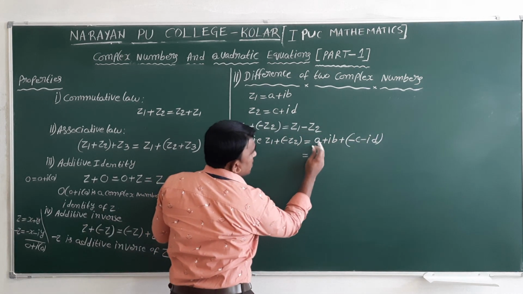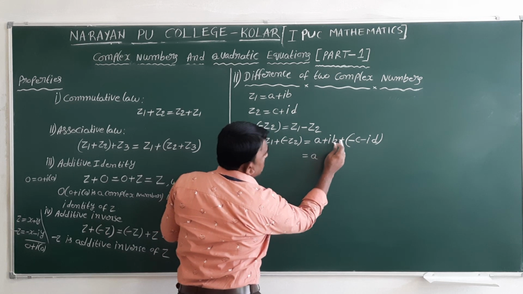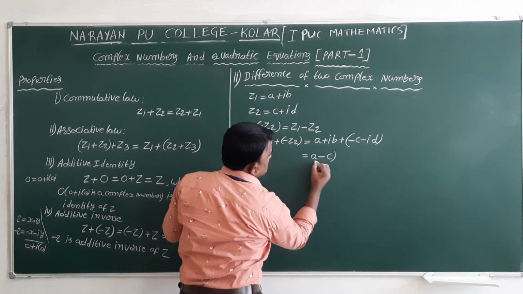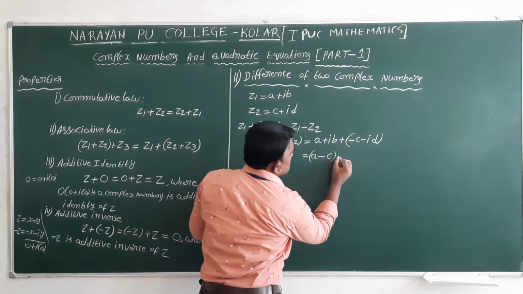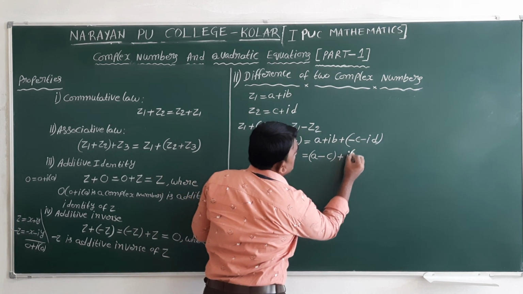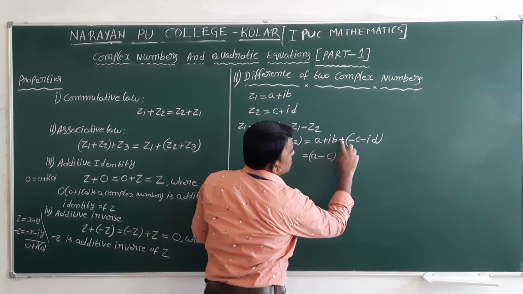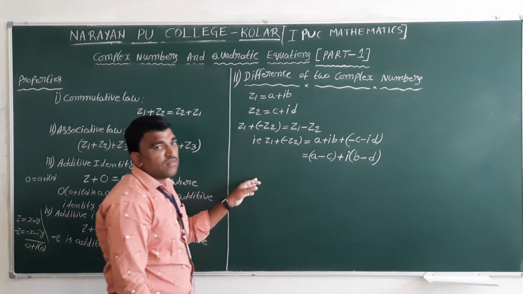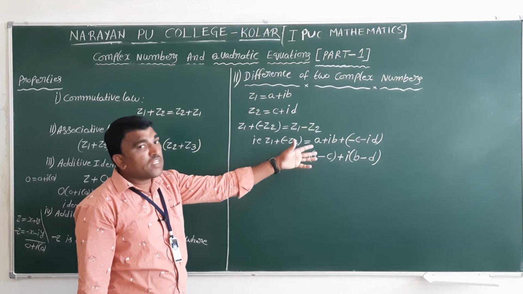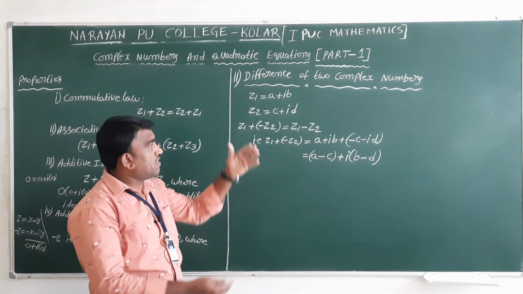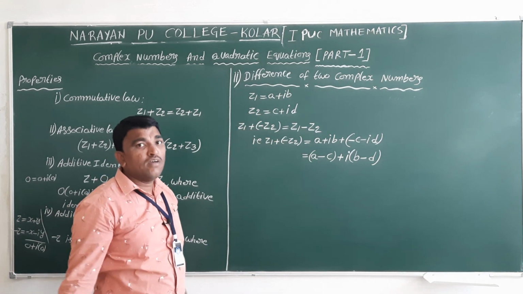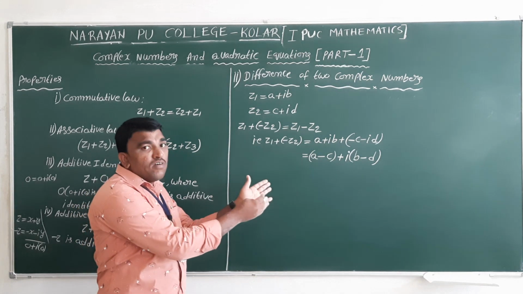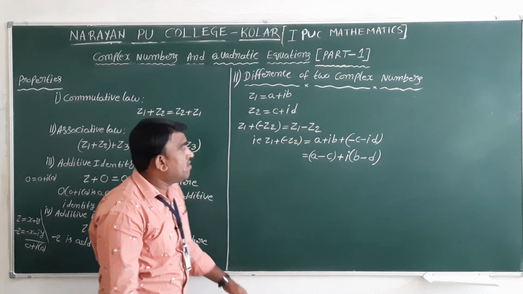So the real parts are a minus c, plus the imaginary parts b minus d. So simple thing, the difference of two complex numbers is the difference of real parts plus i into the difference of the imaginary parts.